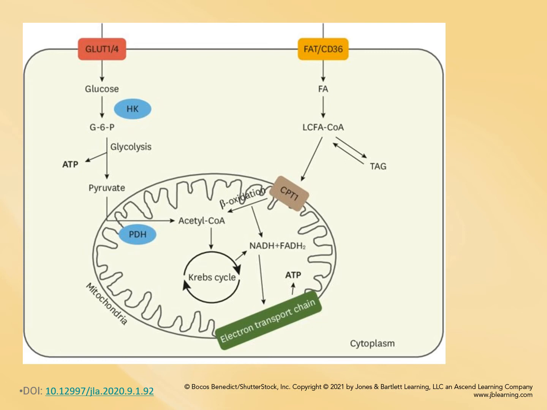You end up with a 2-carbon molecule that can be converted into acetyl-CoA, and off it goes into the Krebs cycle. You'll also see that the beta oxidation produces these transporters, this NADH and FADH2, which are going to be transported to the electron transport chain to ultimately produce ATP.